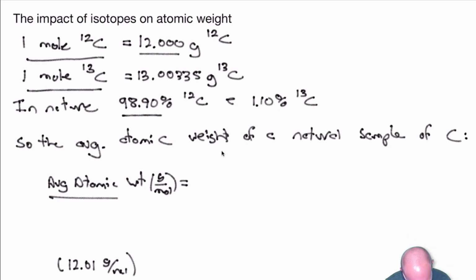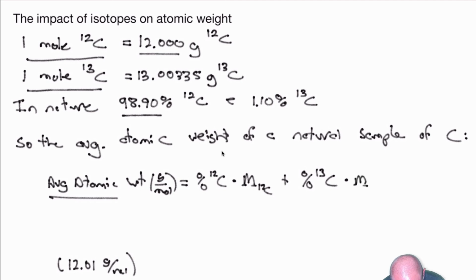So let's set that up. This is the percentage of carbon-12 times the molar mass of carbon-12, plus the percentage of carbon-13 times the molar mass of carbon-13. That's how it's going to be set up.